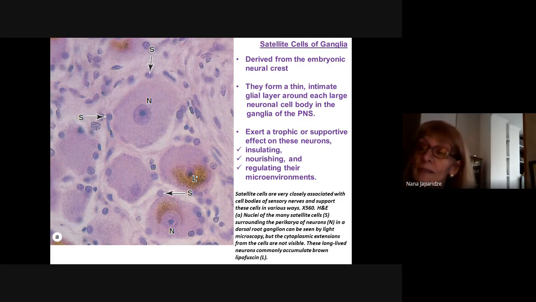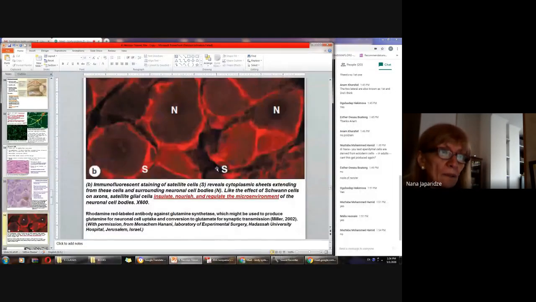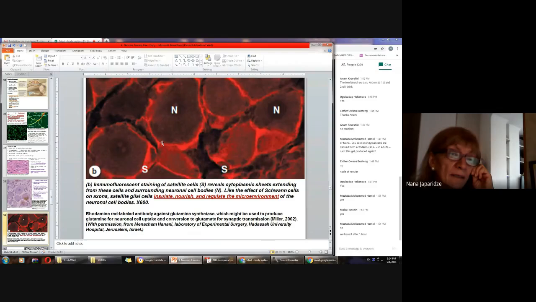Okay, guys, 2 minutes more and then you will be free because I think you have another tutorial. Yes. So here you have immunofluorescent staining again of satellite cells. Look, after 1 hour, you have the histology.